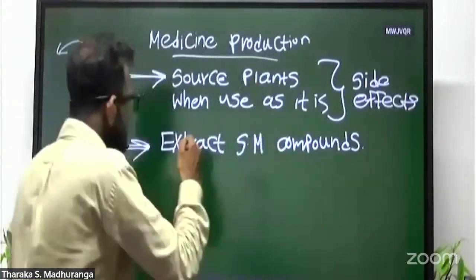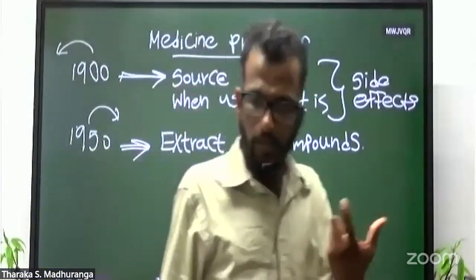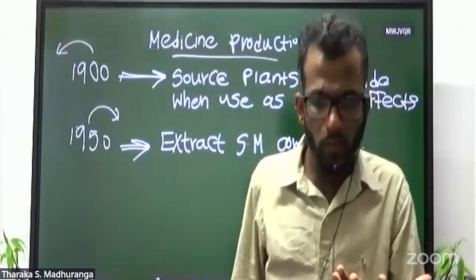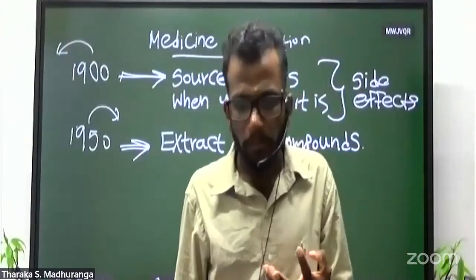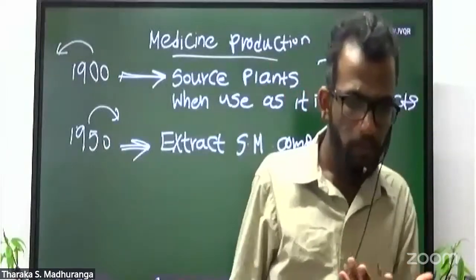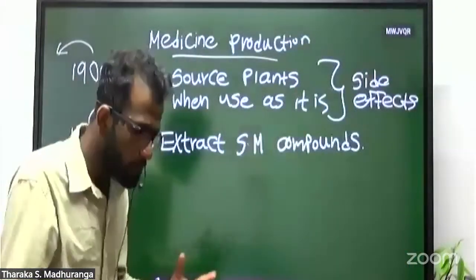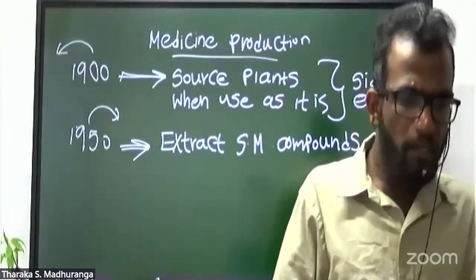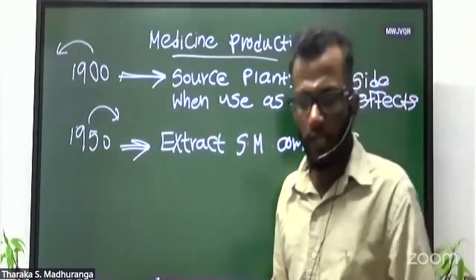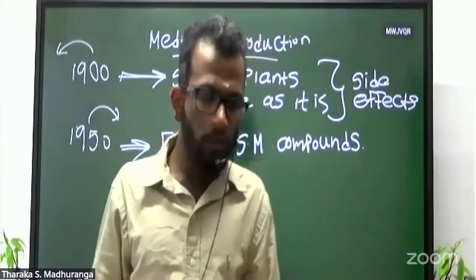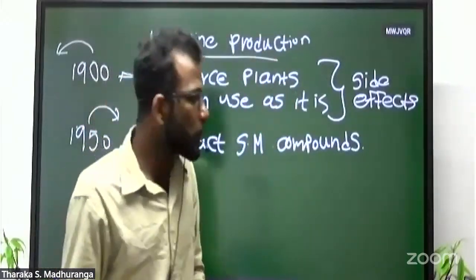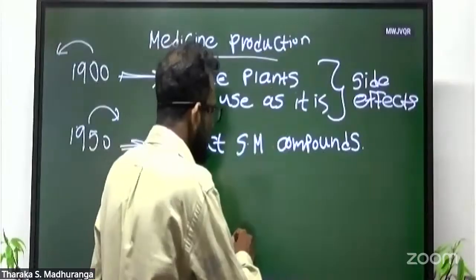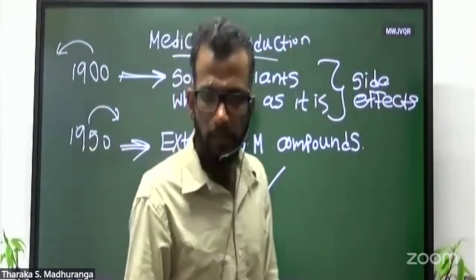Okay, when these extracted secondary metabolites were used, again there was a problem. What's that? What do you think? When extracted secondary metabolite compounds were used, after 1950, what happened to the human population? The human population drastically increased.